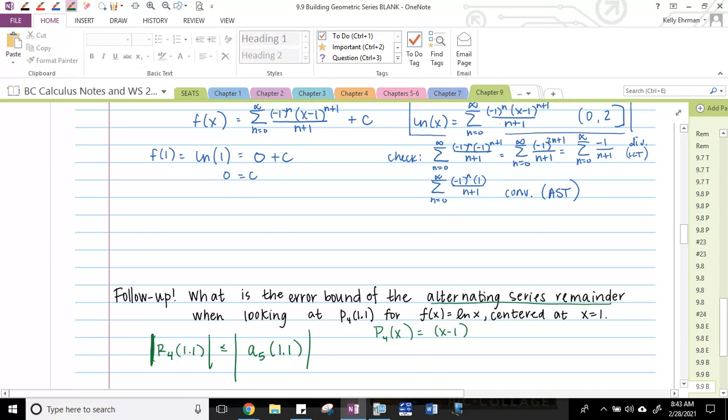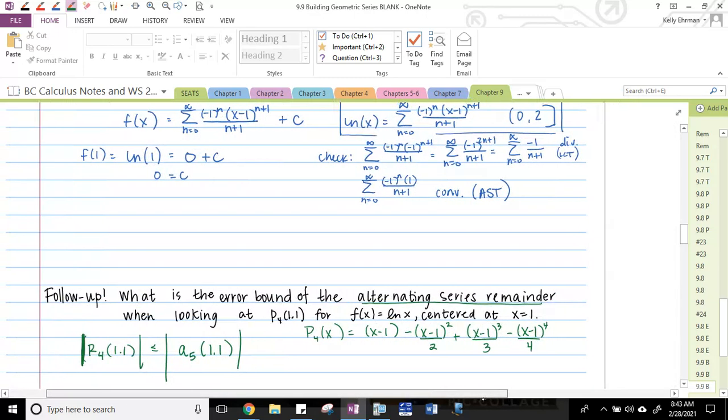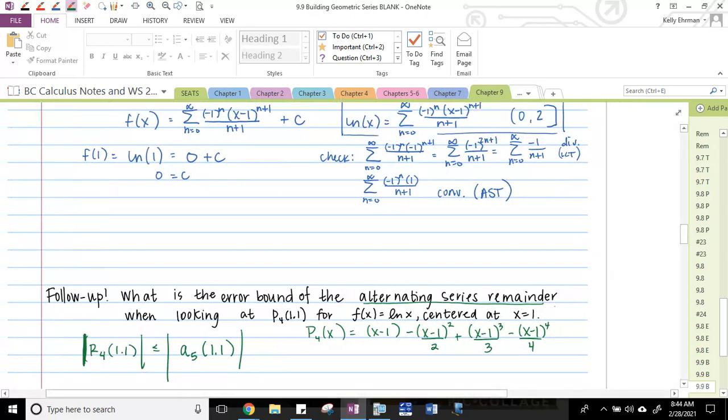When we plug in 1, we get minus x minus 1 to the second over 2, plus, when I plug in 2, I've got plus x minus 1 to the third over 3, minus x minus 1 to the fourth over 4. All right, what's the one we leave off then? We're stopping here, but what's the one we leave off? Plus x minus 1 to the fifth over 5.